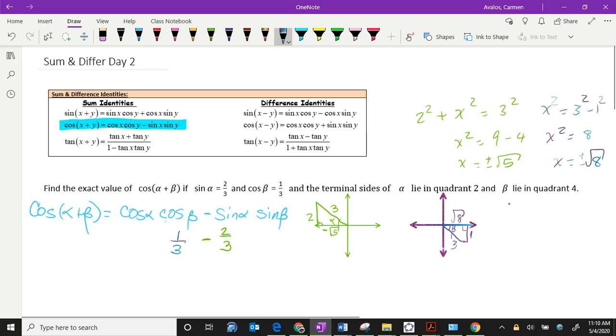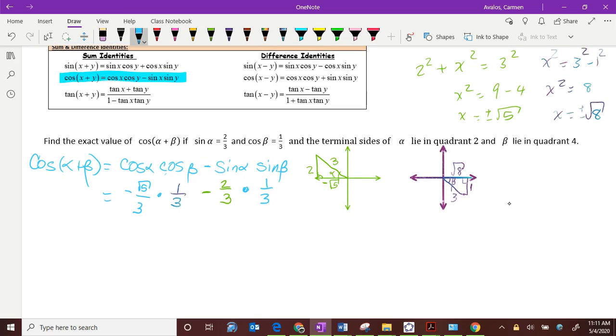And then the other two you find using the triangles. This is an alpha, so the cosine is going to be adjacent over hypotenuse, so that one's going to be negative square root of 5 over 3. And this is multiplication, and this is also multiplication. And then the sine of beta is going to be opposite over hypotenuse, so it's going to be 1/3 as well. And so that's how you do it.